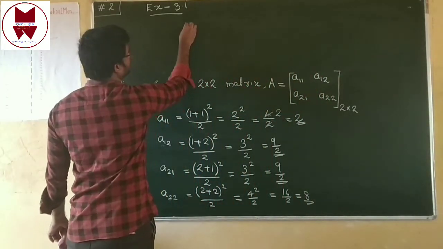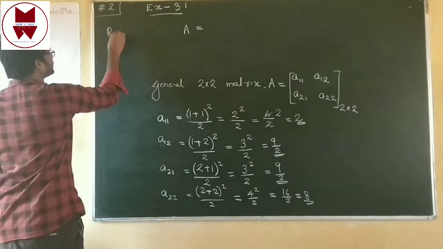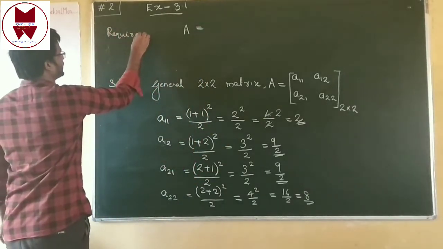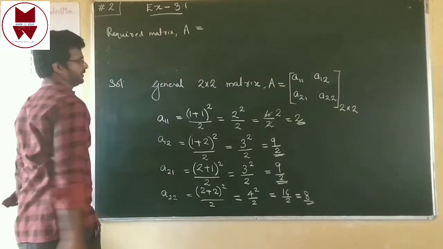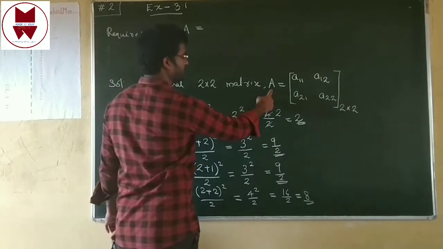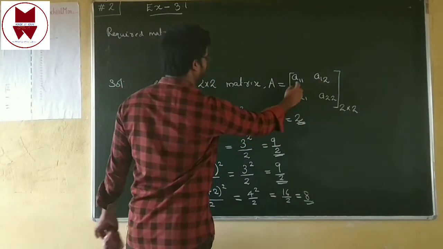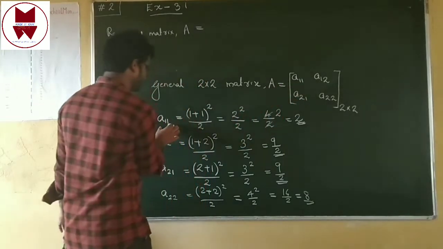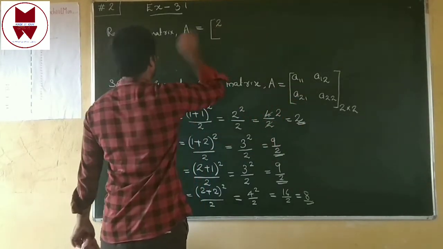Then A equals, we can write the required matrix. A equals, we already wrote A11, A12, A21, A22, isn't it? Then A11, what is A11? A11 we already got, the answer is 2.